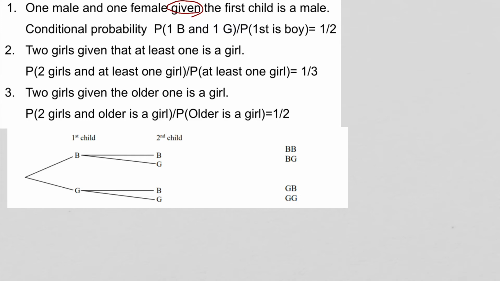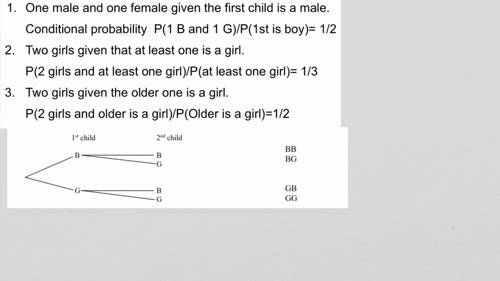If we take a look at the tree diagram or those 4 things here below in the sample space, the probability of a boy and a girl, given that the first child is a boy, well, there is only 1 possibility, which is right there. And then in the denominator, the probability that the first is a boy, well, I see 2 of them, 1, 2. So it's a half for number 1. All right, let's try the second one here.